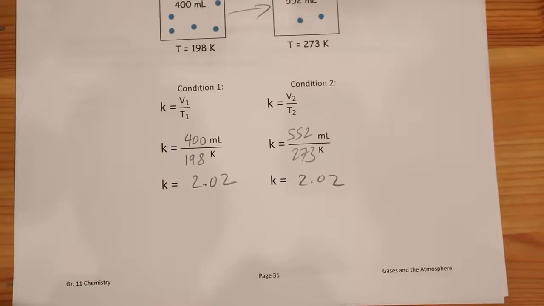So the purpose of this was for you to see that if we take a certain volume of gas and we increase its temperature, as long as we divide the initial volume by the initial temperature and the final volume by the final temperature, both are going to give us the same thing. So in other words, for a gas, volume divided by temperature is always going to be a constant value.